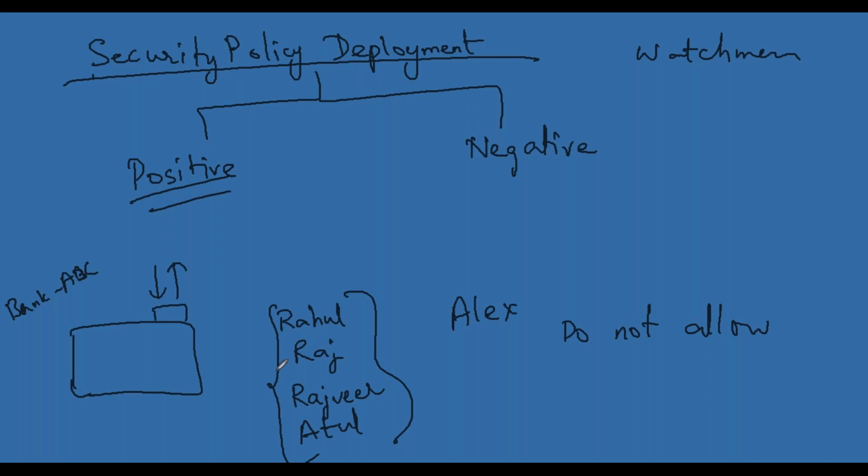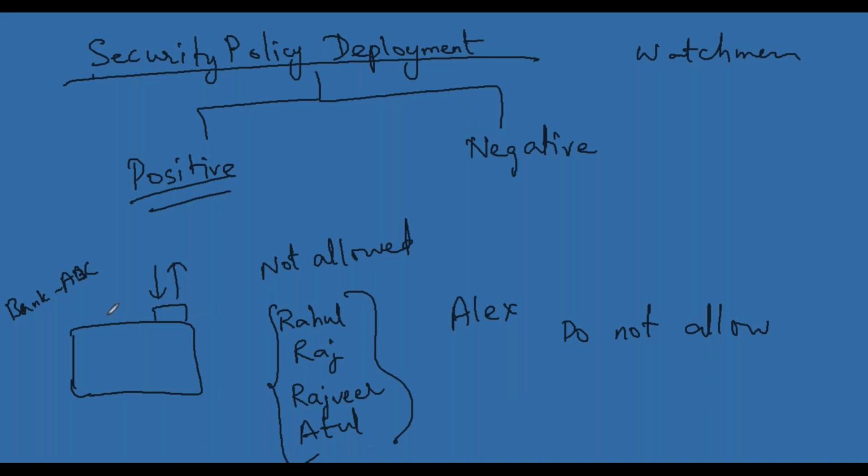Now, similar to this, I can also tell the watchman that anybody with these names should not be allowed, because I know these are bank robbers, so I know these are bad people.